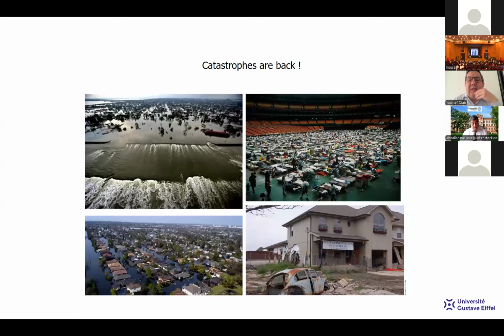Another issue that we know all around the world is that catastrophes are back. My colleagues, in the previous presentations, especially the first two, talked about earthquakes. In our approach, we are dealing with all the hazards. We deal with hazards related to earthquakes, but mainly with hazards related to climate change and adaptation.